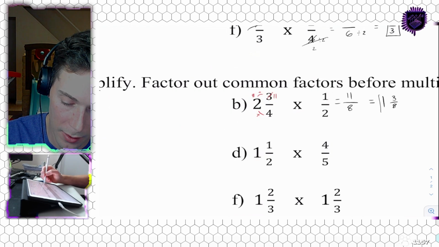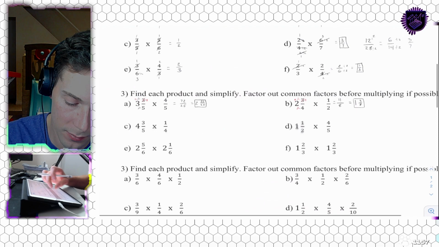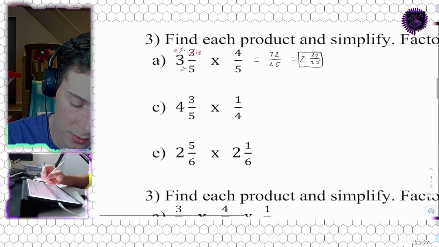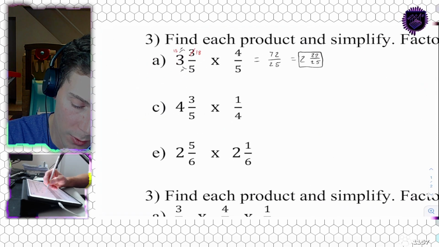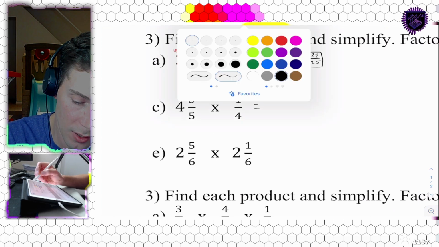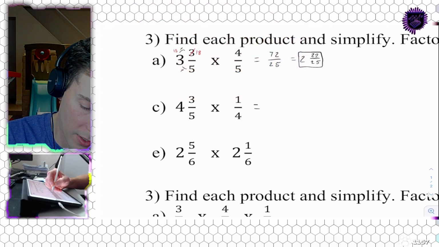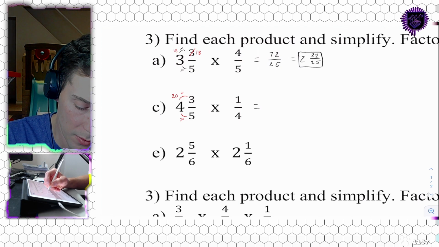I'm going to box my answer. All right. C is going to be equal to, take out my red pen, 5 times 4, and then adding that on top. So 5 times 4 is 20. 20 plus 3 is going to be 23.